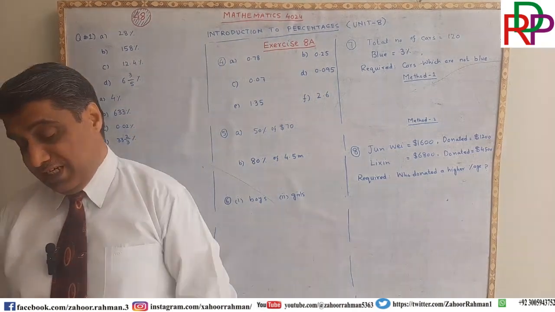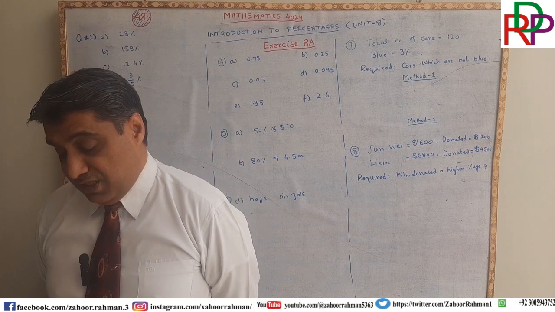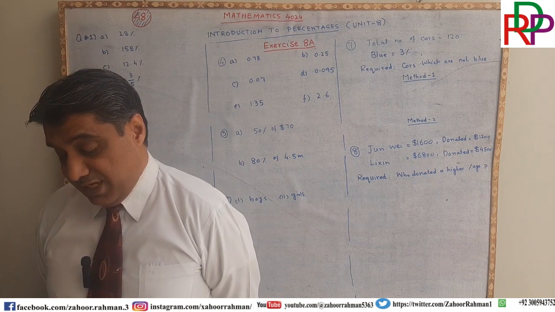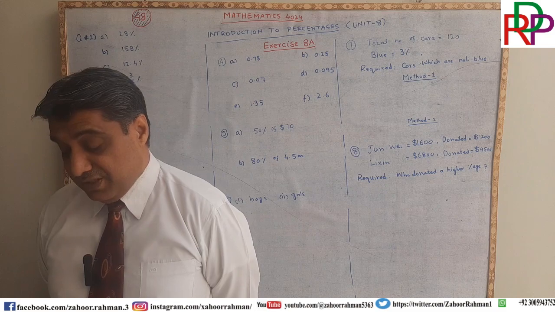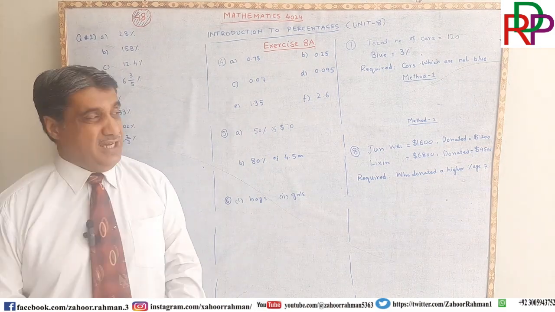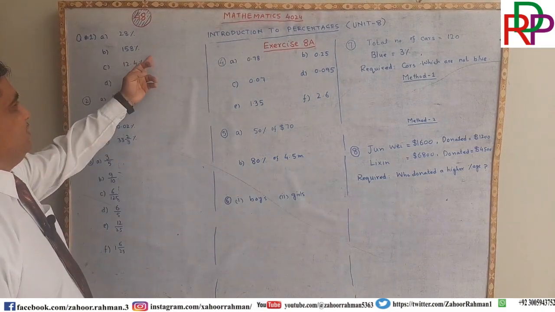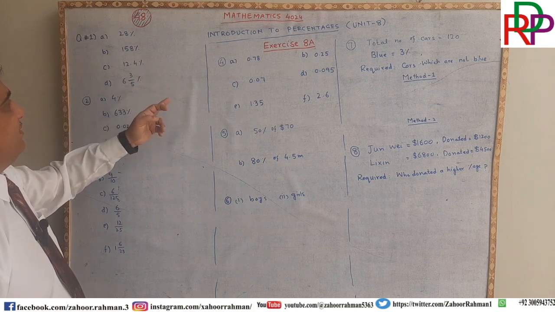Question number 1 is saying: express each of the following percentages as a fraction. Fraction means that you have to write it in the p over q form.